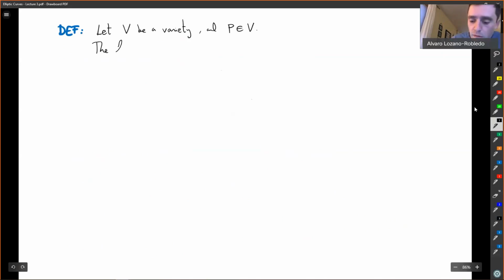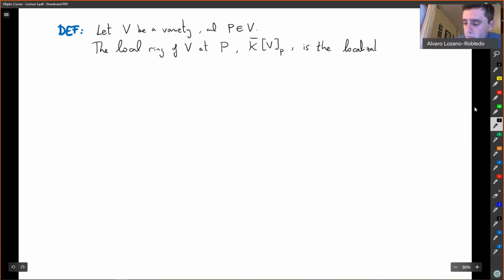The local ring of V at P, called K[V]_P, is the localization of the affine coordinate ring at M_P, which I defined before.